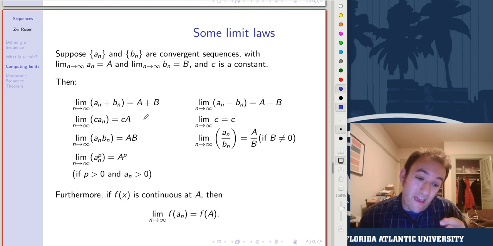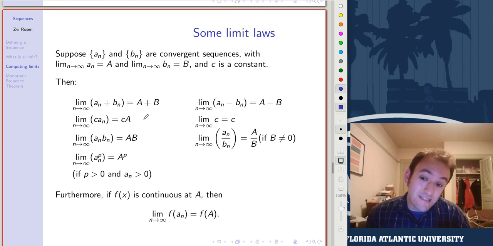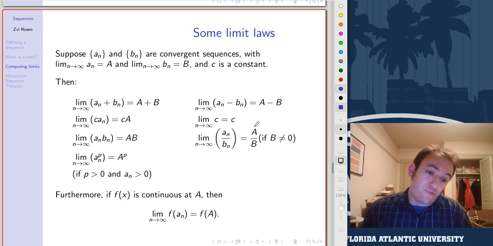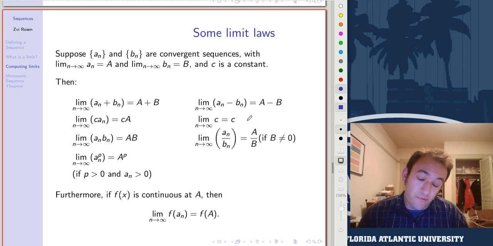Okay, if I multiply every term of the sequence by a constant, so the limit as n approaches infinity of c a_n, then that's the same as just multiplying the limit by that constant. So I get cA. Okay. If you have a sequence which is always constant, it takes the same value at every step, then its limit is just itself.